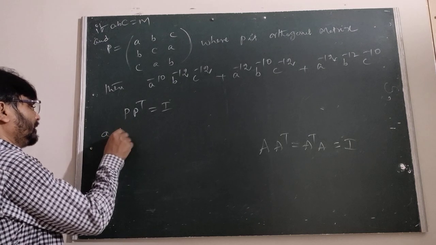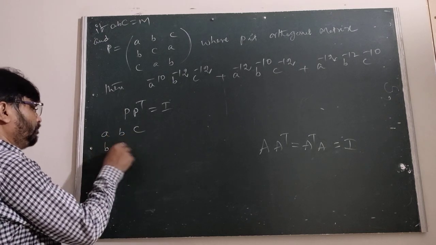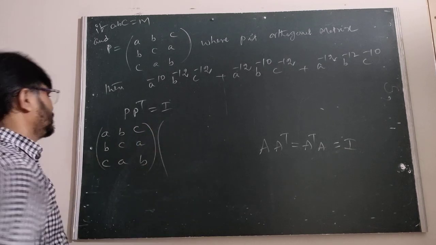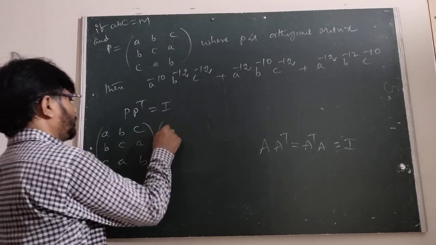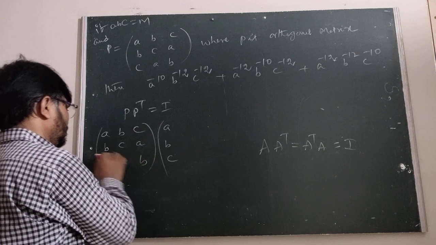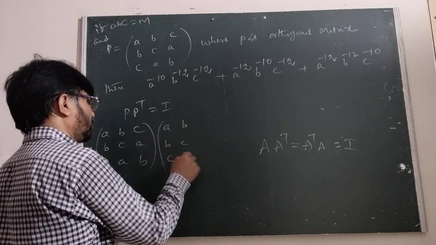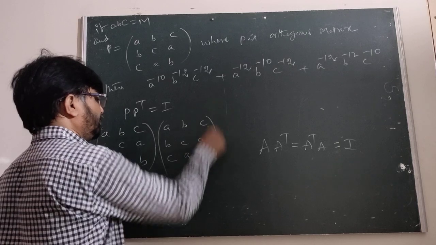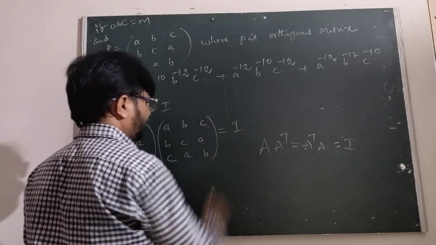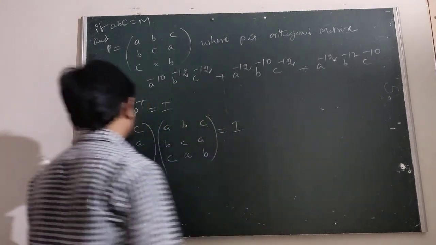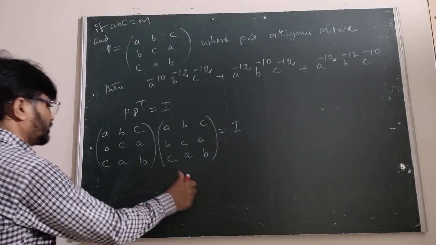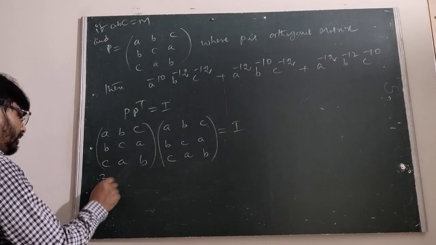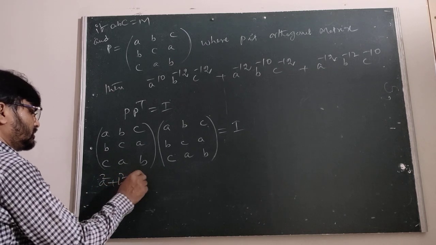P we are taking as abc, bca, cab. Its transpose: the first row becomes the first column abc, the second row becomes the second column bca, the third row becomes the third column cab, equals I. Now we take the first row multiplied with the first column. abc gives a square plus b square plus c square.